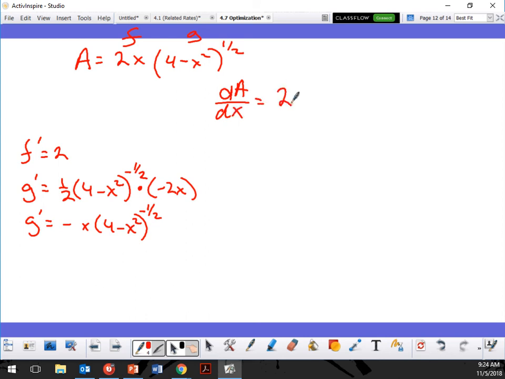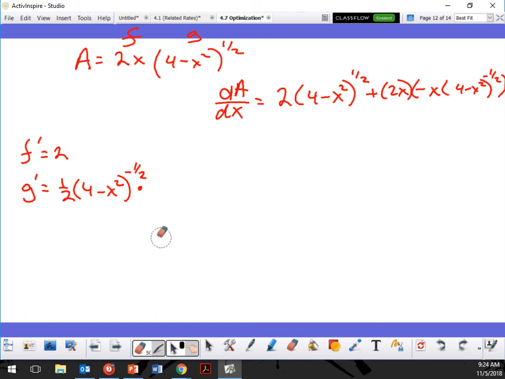Oh, there it is. 2 times the quantity 4 minus x squared to the 1/2, plus my G prime F. So it's going to be 2x times negative x times the quantity 4 minus x squared to the negative 1/2. So it looks worse than it actually is.